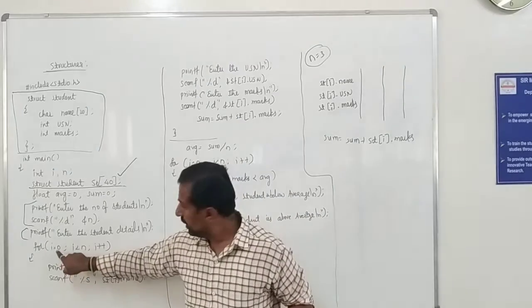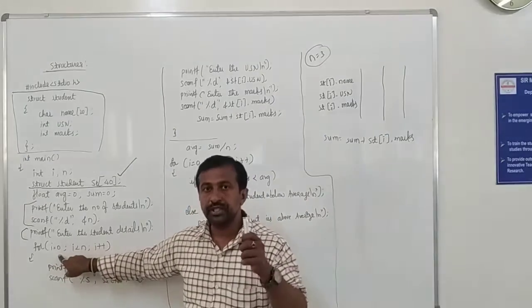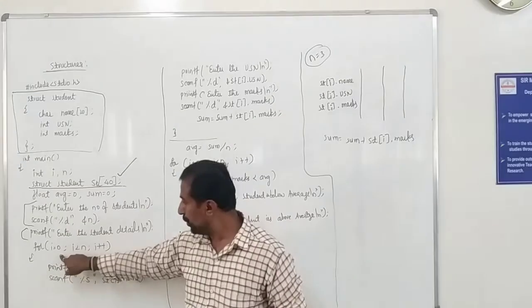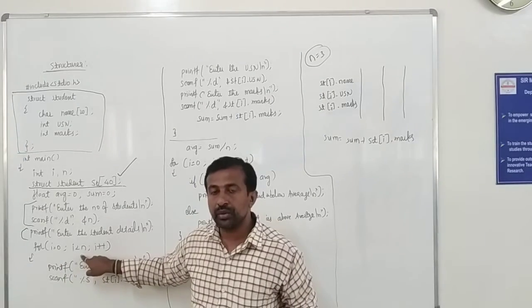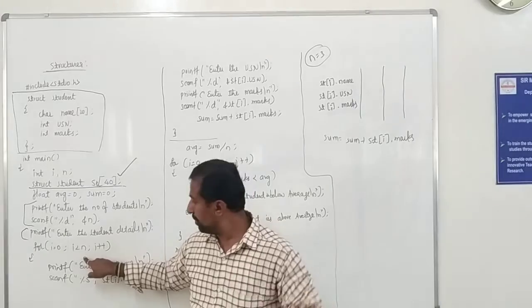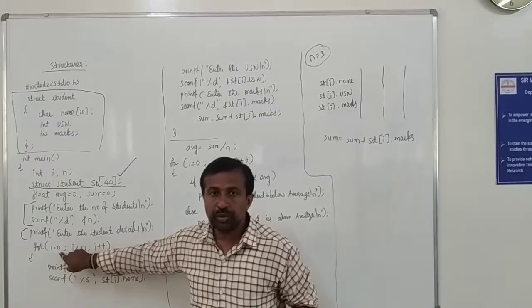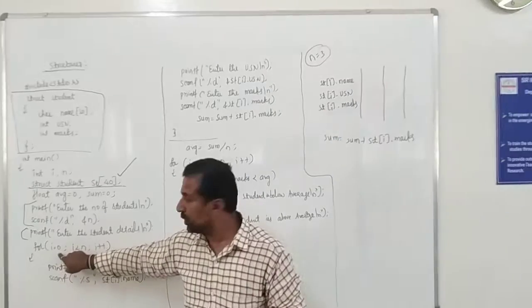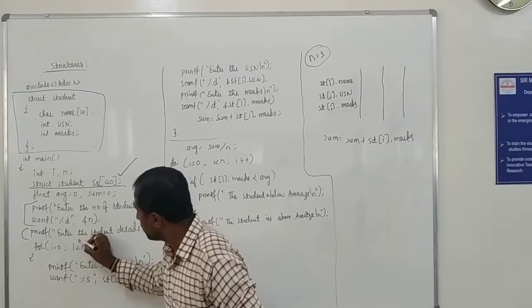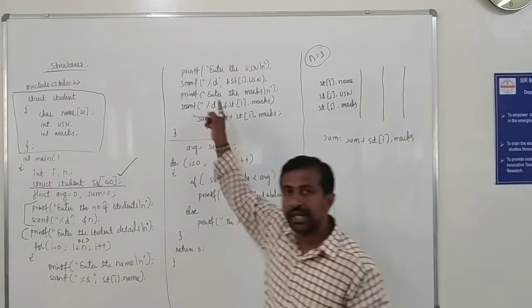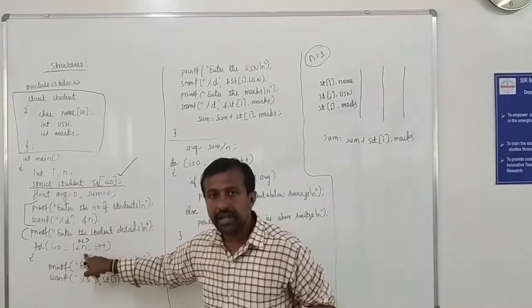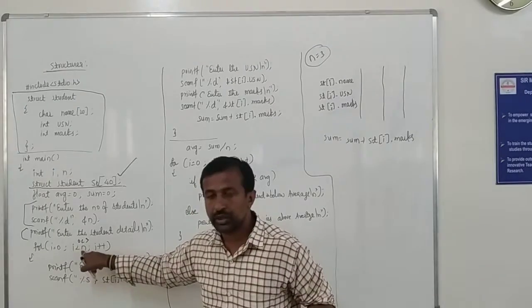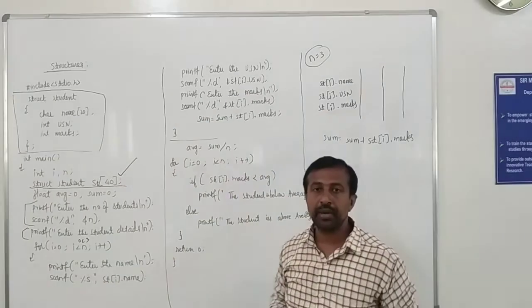Initially in the for loop, i is equal to 0. It means the initial value i is set to 0. Then i less than n, the maximum number, and i plus plus. Substitute the values here. What is the i value? 0. Whether 0 is less than n, which is 3. Is the condition satisfied? Yes. When this condition is true, execute the statements one by one.